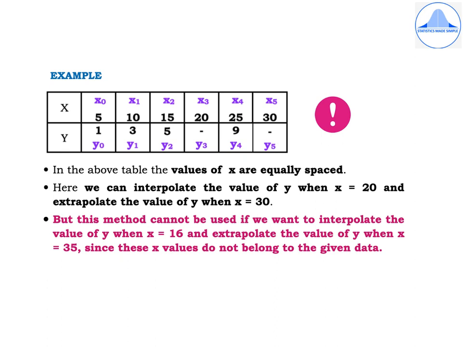But this method cannot be used if we want to interpolate the value of y when x is 16 and extrapolate the value of y when x is equal to 35, since these x values do not belong to the given data.